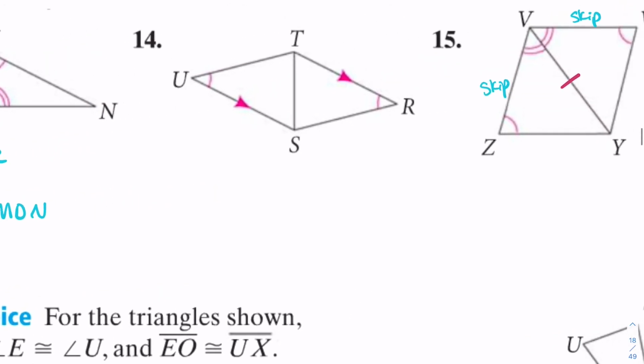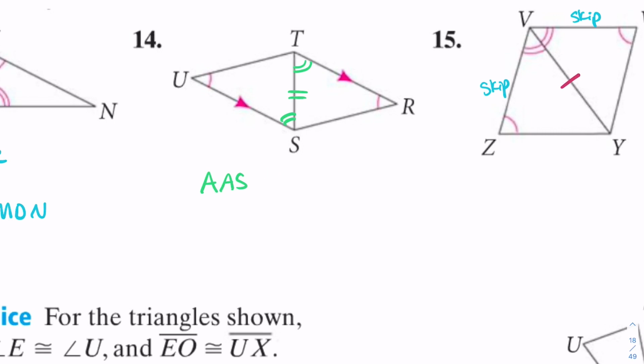This next one looks like we have a shared side here. There's a lot going on. We got congruent angles for U and R. I also have parallel lines cut by a transversal. You know what I'll do? I'll just throw in some tick marks here and here because those are my alternate interior angles. So first off, it's by angle angle side theorem.